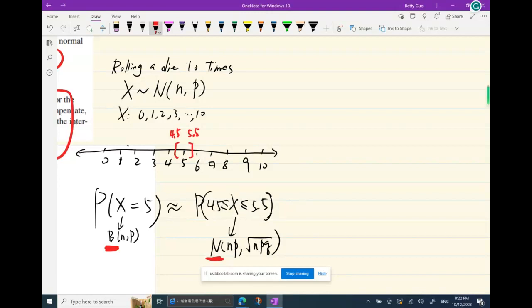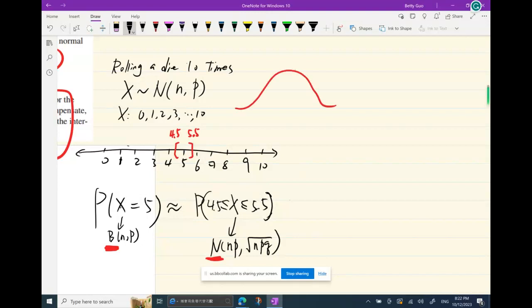You have to adjust the single value to an interval. This is an individual value, x equals 5. But for a continuous random variable, the probability of it equaling one single value is 0. Why is it 0?